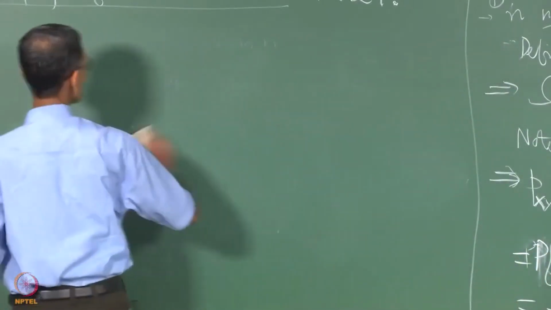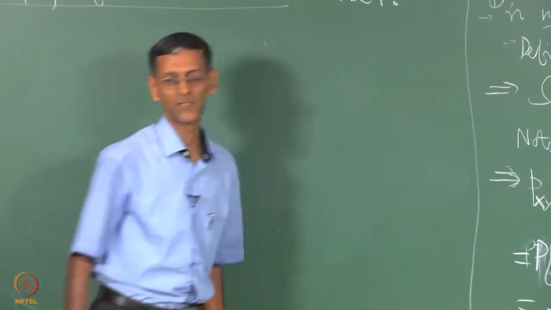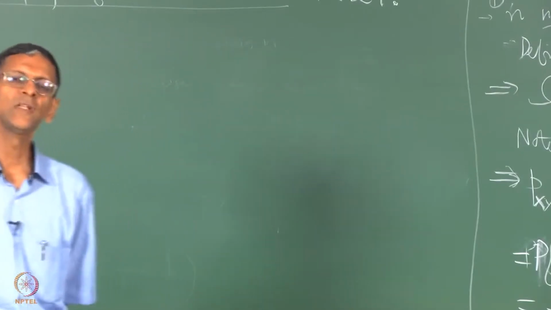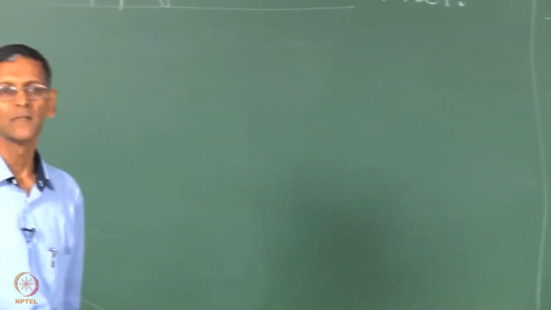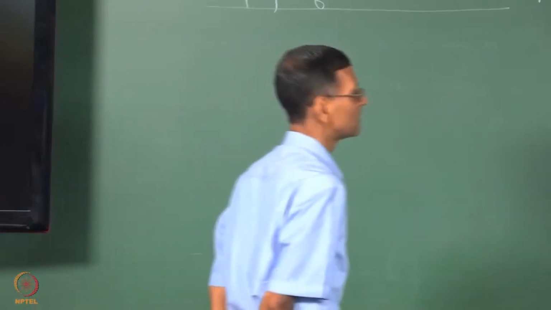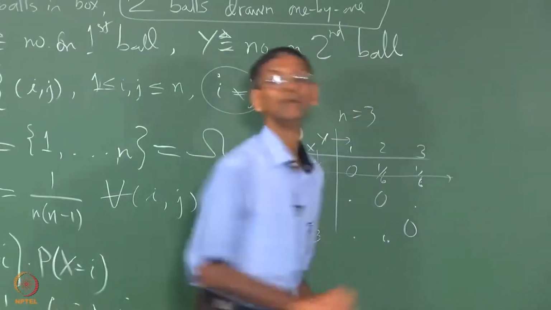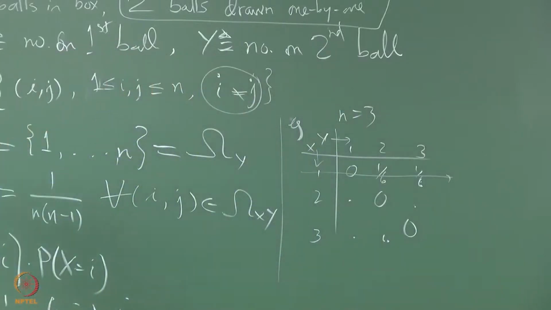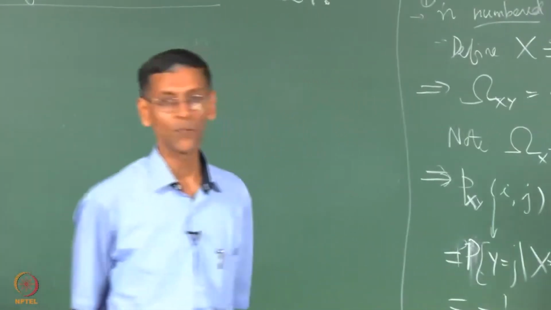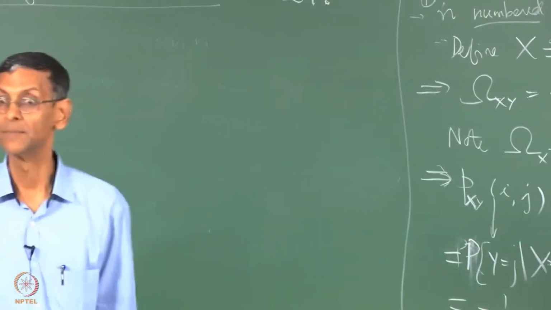Then I want to define what are called marginal PMFs. Given this joint PMF, can I obtain from it the marginal PMF? What do I mean by marginal? If I go like this and add, what do I get the probability of? I get the probability that x is equal to 1 if I add horizontally. If I add vertically, I get the probability that y is equal to 1, 2 or 3.